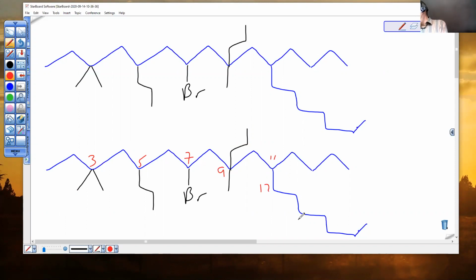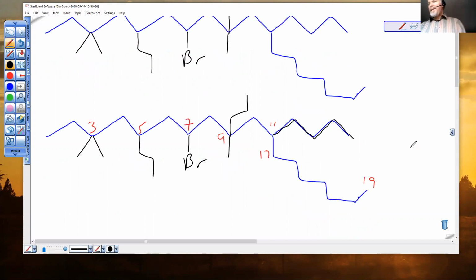And then we go 14, 16, 18, 19. And this is now a group. I'll do my best to recolorize it in black, just to be consistent. Black groups have to end with YL, and the chain is in blue, and it ends with ANE.